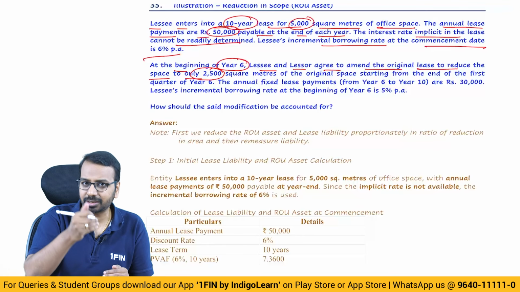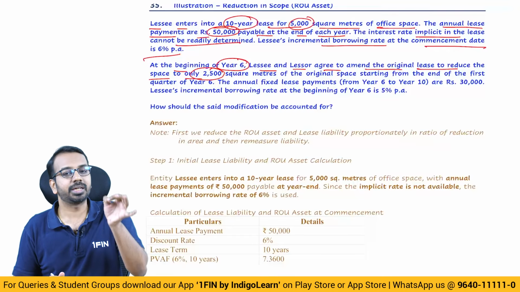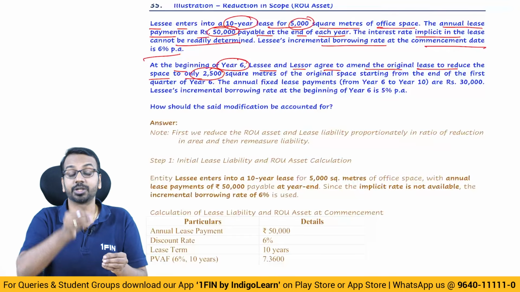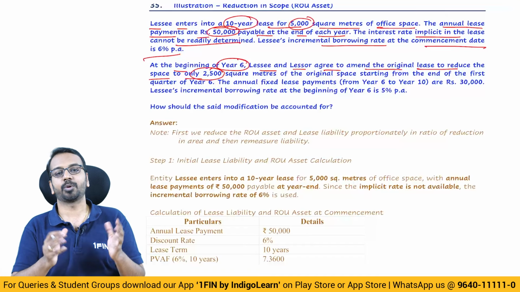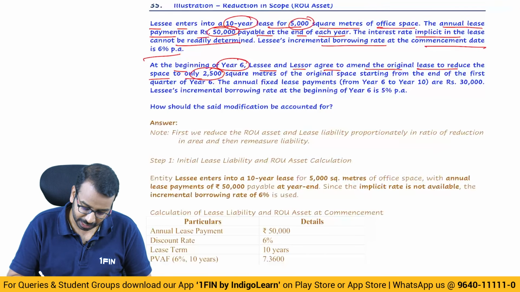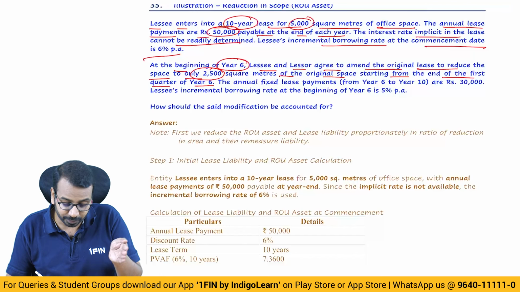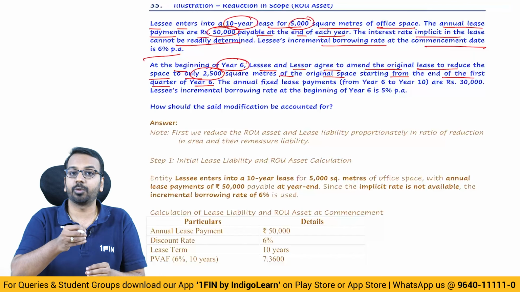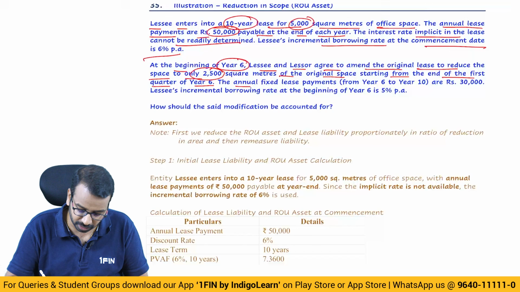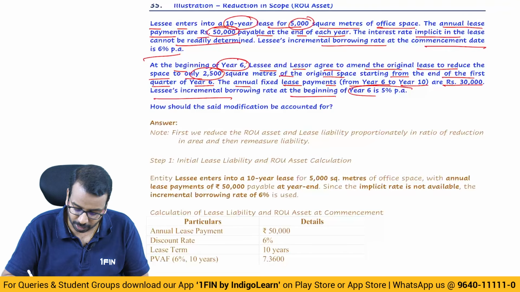So whenever there is a reduction in scope, what do we need to do? Whenever there is a reduction in scope, we have to reduce the right of use asset and lease liability proportionately. Okay. Of the original space starting from the end of the first quarter of year 6. Now what they are saying is that from the end of the first quarter of year 6 they are going to do the modification. The annual fixed lease payment from year 6 to year 10 are rupees 30,000 and the incremental borrowing rate is now 5%.